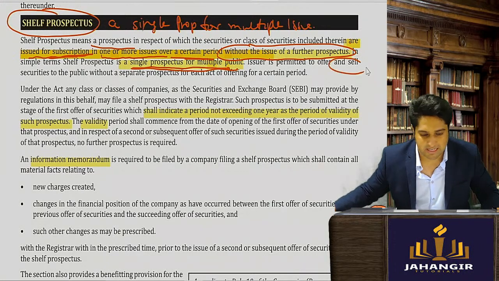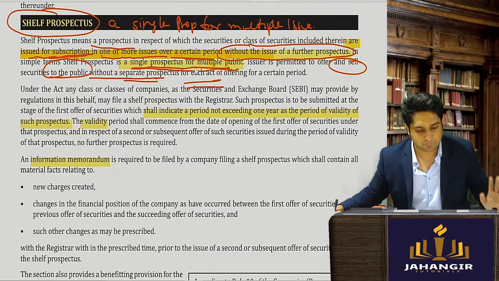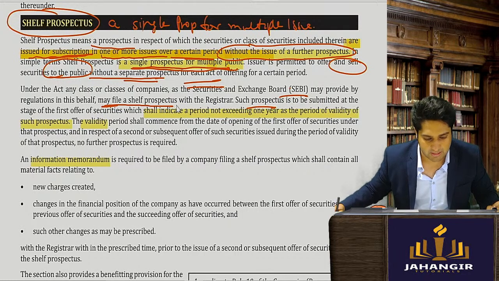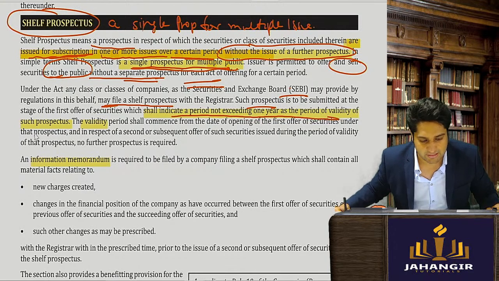Now, and want to sell the securities to public without a separate prospectus for each such issue. Now under the Act, SEBI may provide by regulation on this behalf, may file a shelf prospectus with the registrar and indicate a period not exceeding 1 year for the validity of such prospectus.